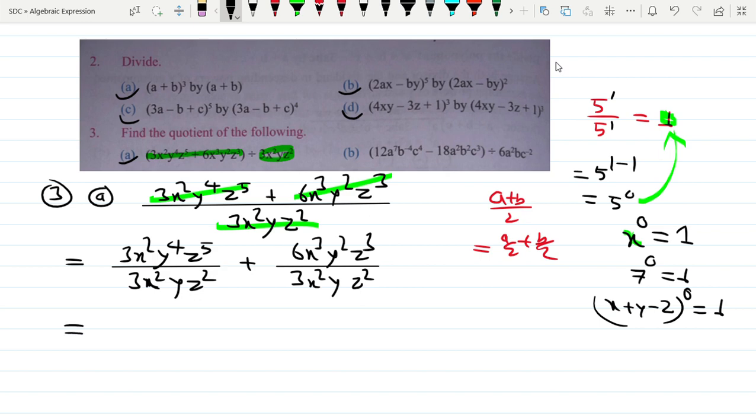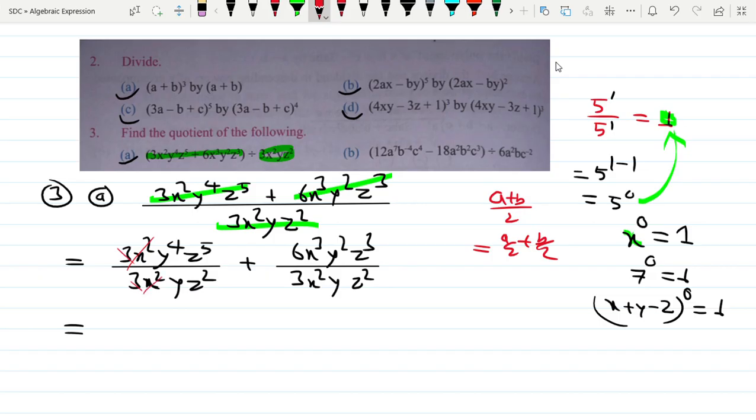Now we apply the rules of division. First we can cancel the 3, and the x square are the same so they also get cancelled, or you may apply the rule as we stated before.